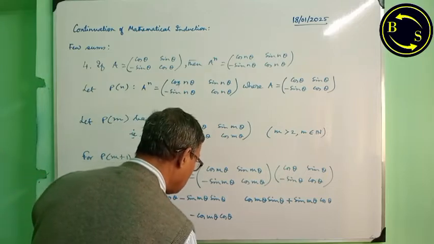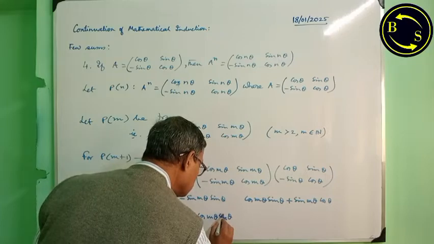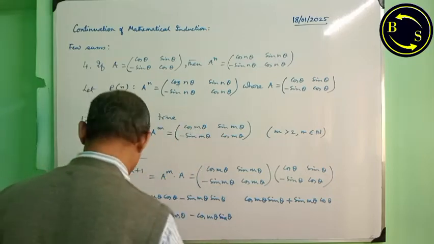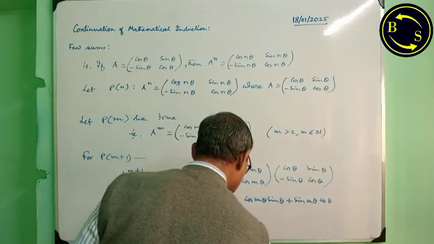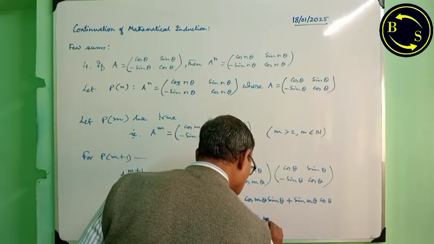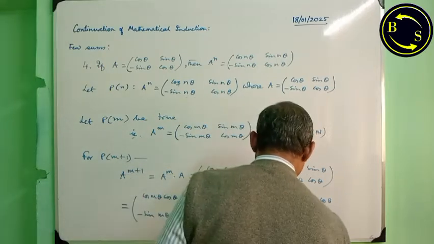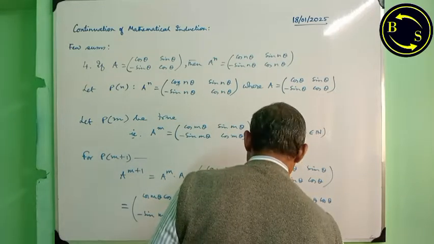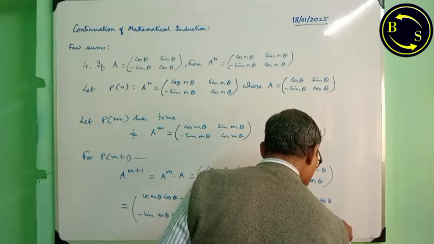This will be minus sin m theta cos theta, and then minus sin m theta sin theta plus cos m theta cos theta.